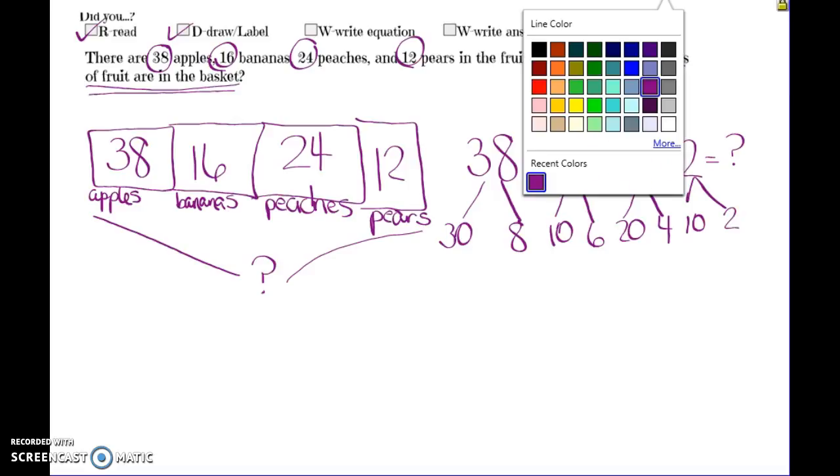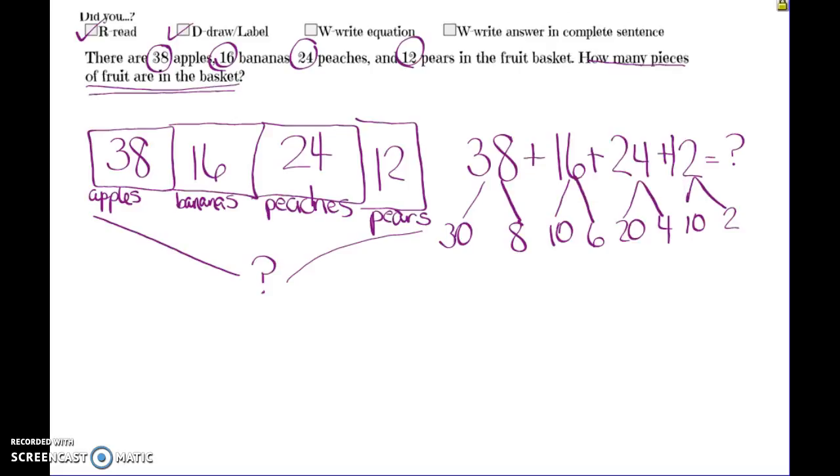Here's where I want to try and combine numbers to make an easy 10. I have a 30, I have a 10, a 20, and a 10. I know that 8 plus 2 gives me 10. I also know that 6 plus 4 gives me 10.